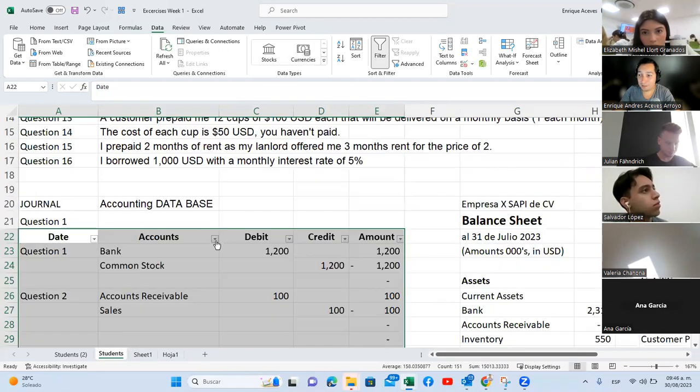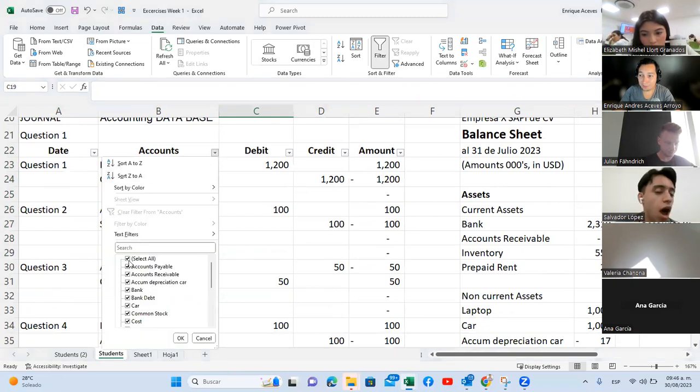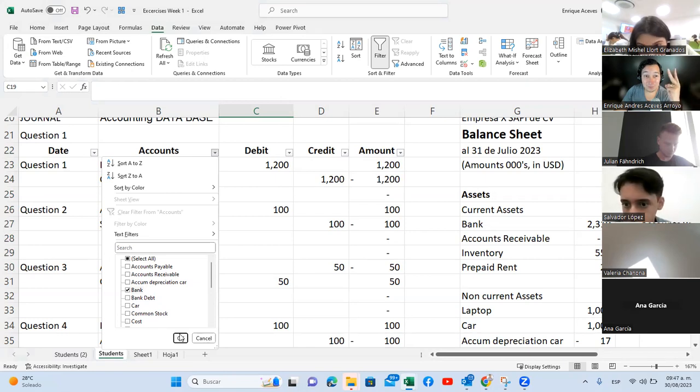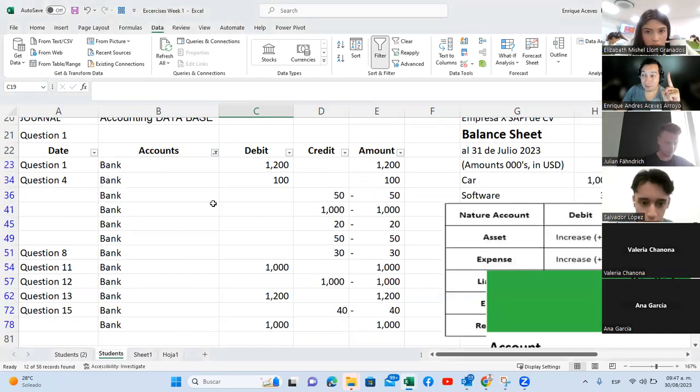Now that you have filters in here, guys, choose the name of the account. You have in here bank, okay? Bank. And you should only have one bank. If you have two banks, you have different names. If you only have one account, let's see what you got.